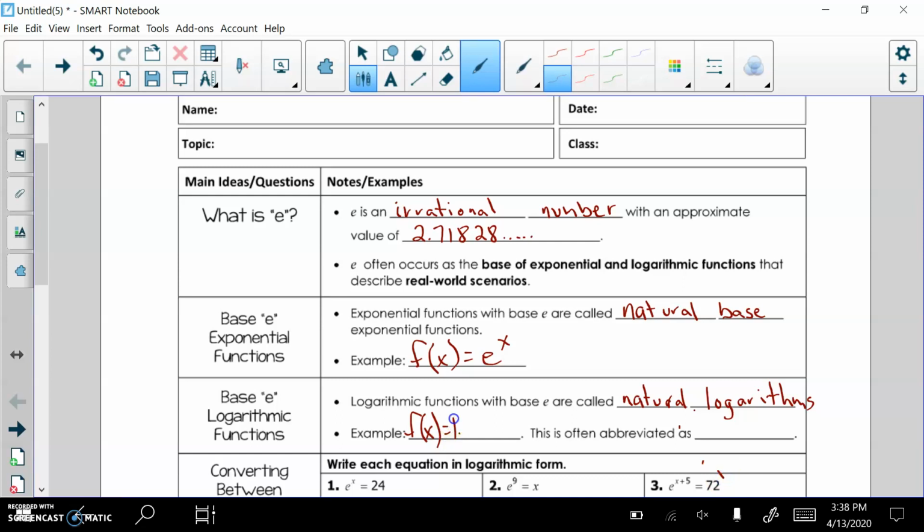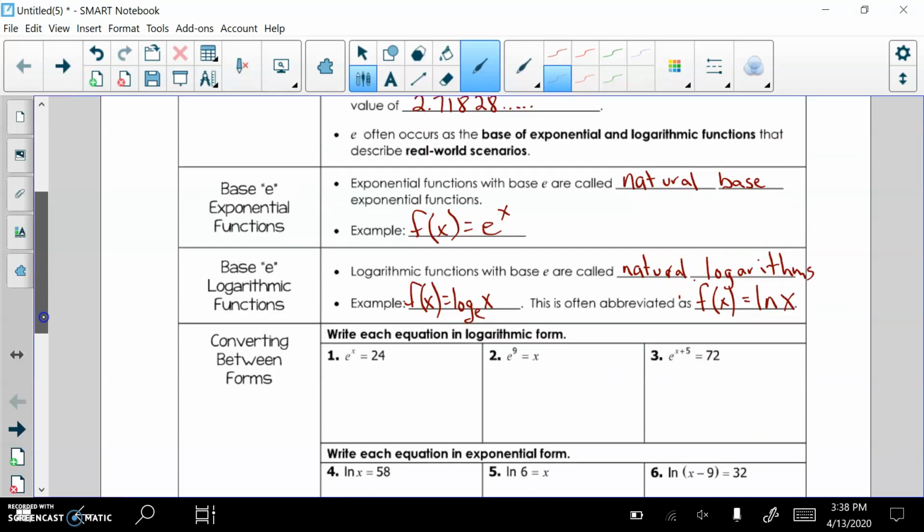Nobody really uses log base e. They just use ln or log natural. So this is abbreviated as, this is how we'll usually see it, the natural log of x.